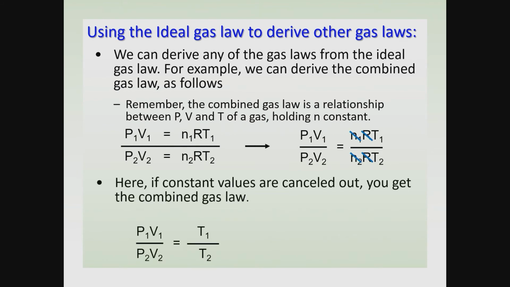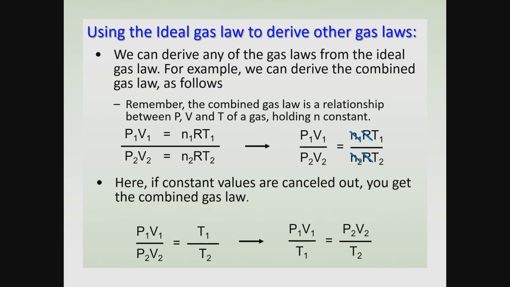And so after you cancel out the property that remains constant and that constant R, this is what you're left with: P1 times V1 over P2 times V2 is equal to T1 over T2. What you can do is move variables around, and then that is there on the right, the combined gas law.